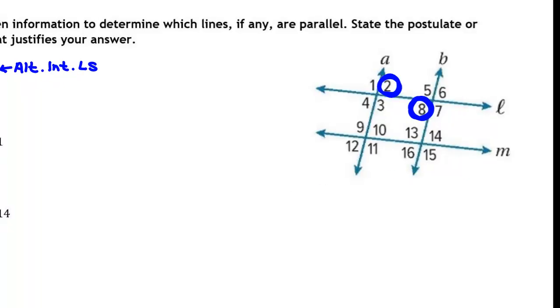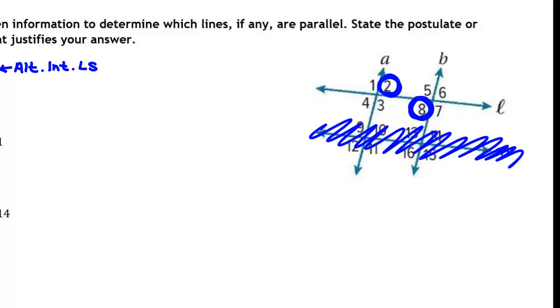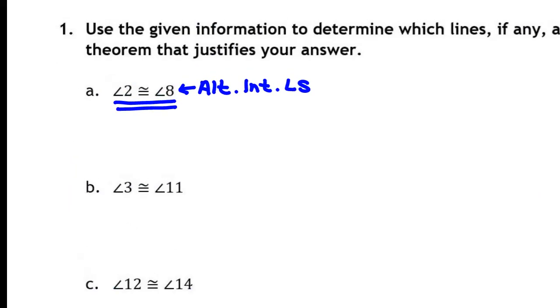I would be completely ignoring everything down here because these two angles don't touch anything down here. So I'm only looking at this transversal L and these two lines right here. So if L is the transversal and angle 2 and angle 8 are congruent, what are the lines that would have to be parallel?